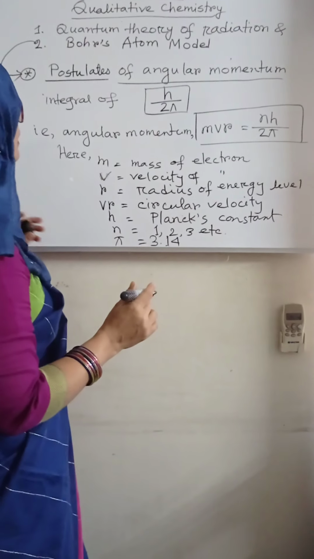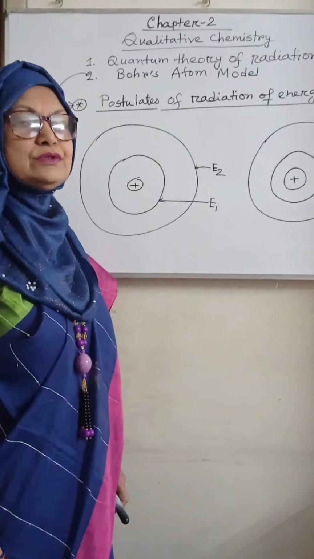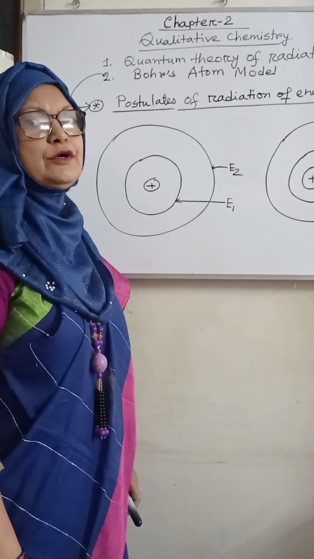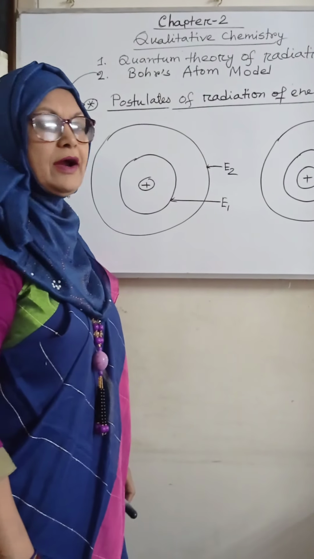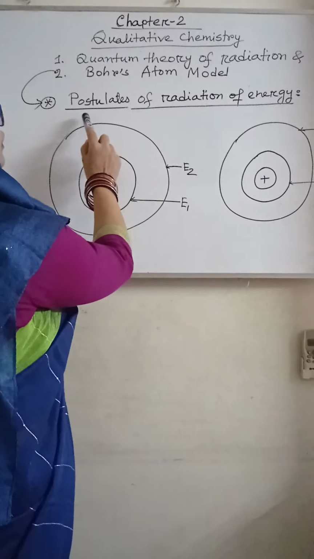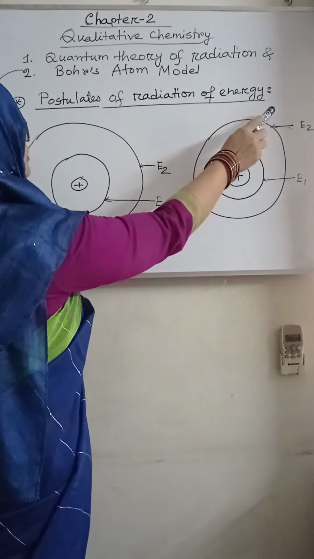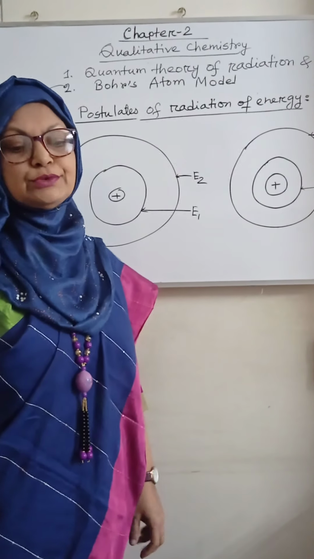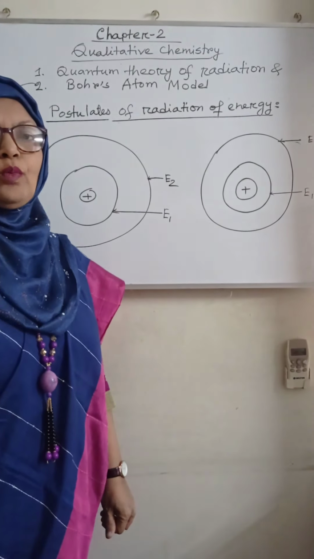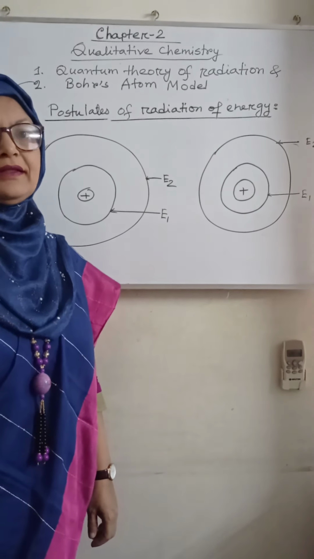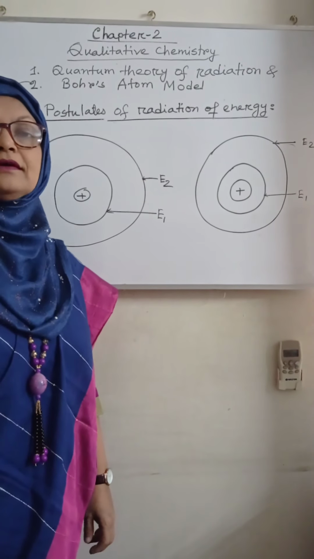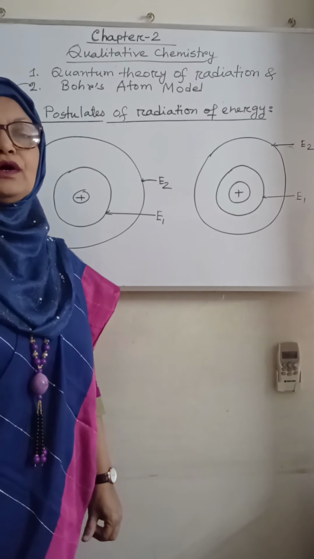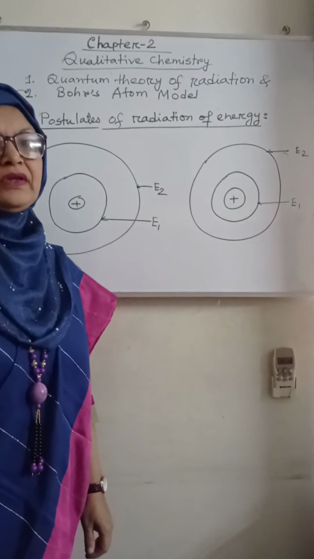Okay. Now I would like to discuss the third postulate of the Bohr atom model, which is the postulate of radiation of energy. When an electron is transferred from one energy level to another, it radiates or emits energy.